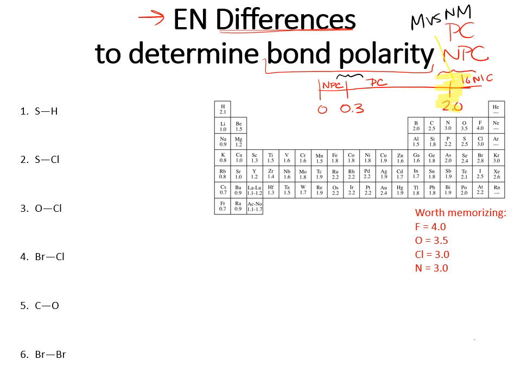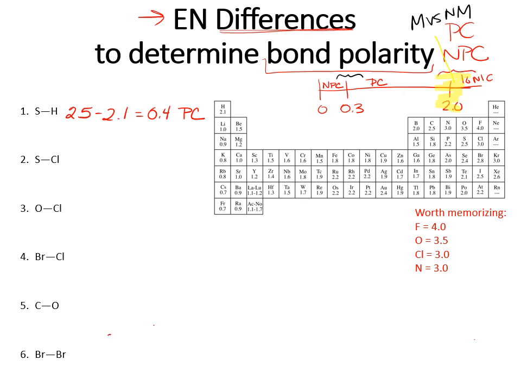Sulfur and hydrogen. Sulfur, I'm looking at the chart, is a 2.5. Hydrogen is a 2.1, so I get a 0.4. That means that it is polar covalent. There's two things we now need to do.